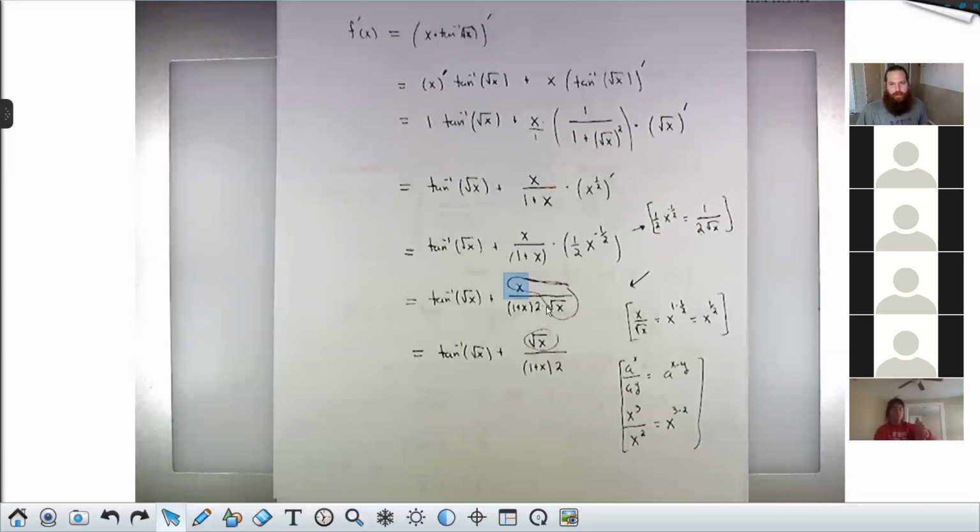So on this line, this denominator is this denominator, 1 plus x, times this denominator. So this guy is the same as 1 over 2 square roots of x. So when I multiply those fractions together, the denominator will be this denominator times the denominator here, which is 2 root x. So I have 1 plus x, the denominator from the first fraction, times 2 root x, the denominator from the second fraction.